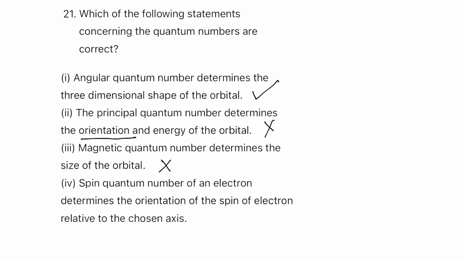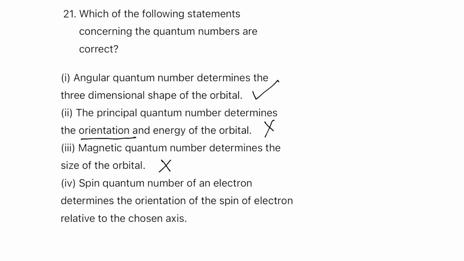So which will be the one having least energy? Of course, the one which has least n value. Here 5p, 4d and 6s, right? Which one has least n value? Of course 4d. N is equal to 4, right? Okay, so that will have least energy.